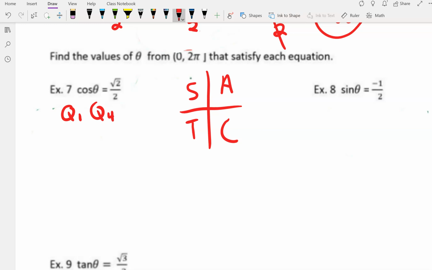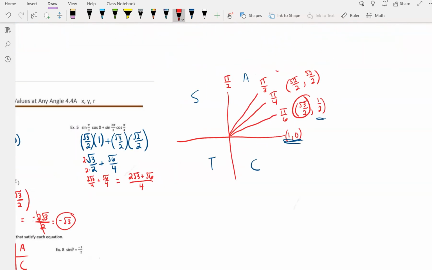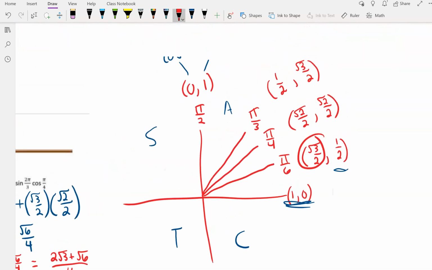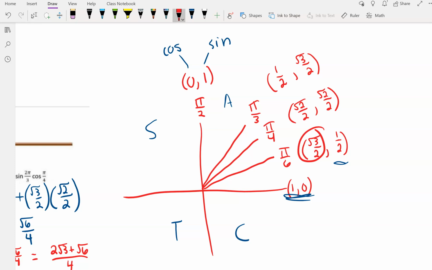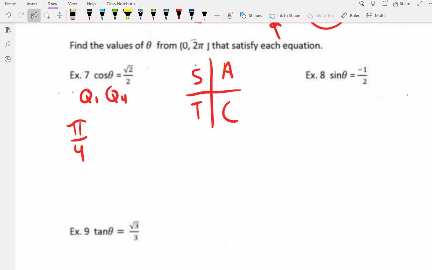So those are the two quadrants where this is even possible, since it's positive here. So where is cosine root 2 over 2? Cosine is root 2 over 2 for pi over 4. And if you need to, you can look at your unit circle, or the first quadrant of the unit circle. So it's for pi over 4 and then any other angles that share pi over 4 as a reference angle.